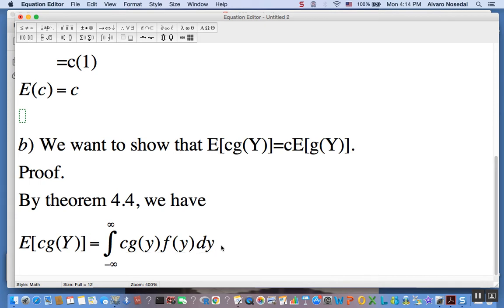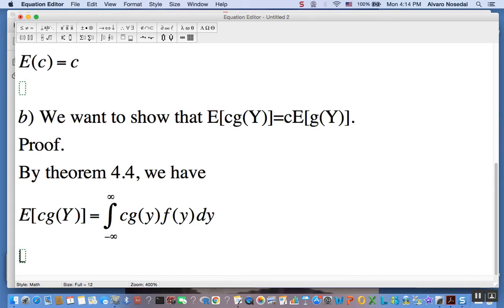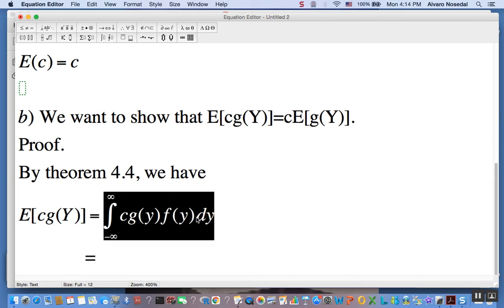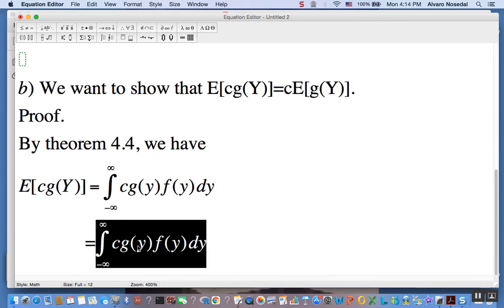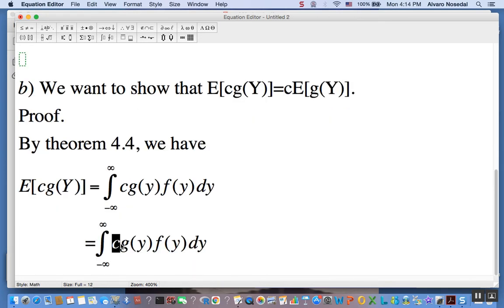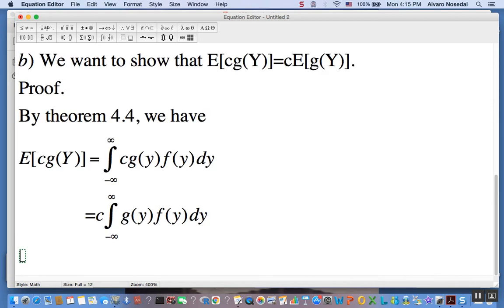Then again we use the linearity of integrals, so we get to pull out that constant. And this is just the expected value of g of y, right?